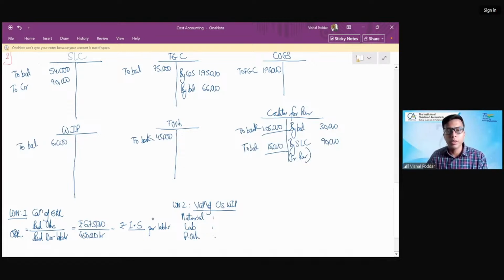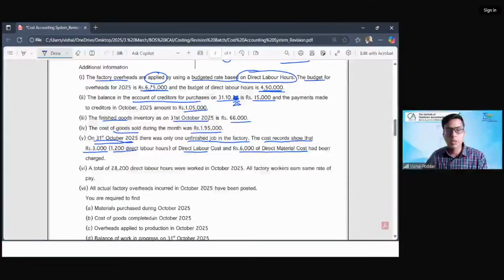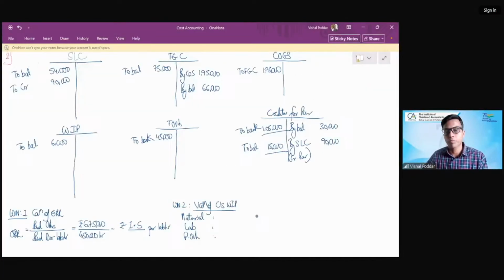Material is given directly, the value 6,000. Labor is given 3,000. And for overheads, we have computed the rate and we are given the labor hours as 1,200 in this. So multiplied by 1.5, rupees 1,800.